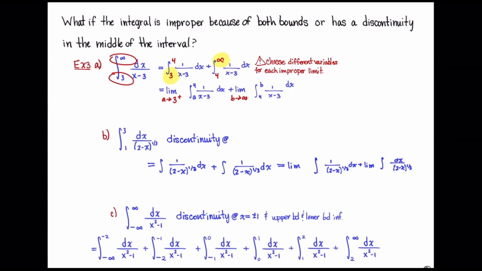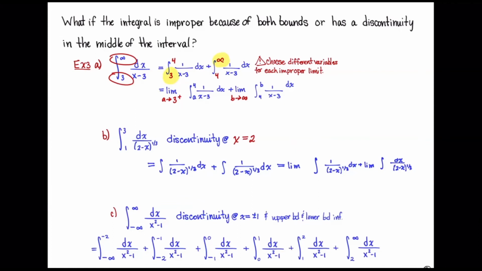Okay, in part B, this is improper because of a discontinuity at x equal to 2. And so now it does matter where you split the integral. You have to split it at that discontinuity.